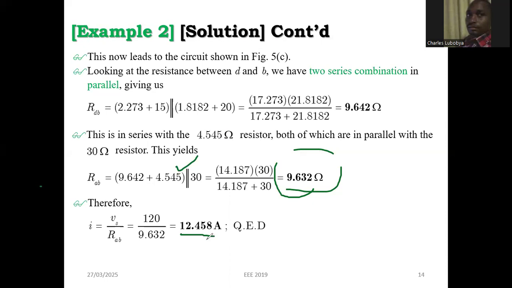So you still end up getting the same value of current. It doesn't matter which part you break: you can choose to break the star point or transform it into delta, or you can transform the delta part into star. And once you do that, you find that the circuit is easy to simplify.